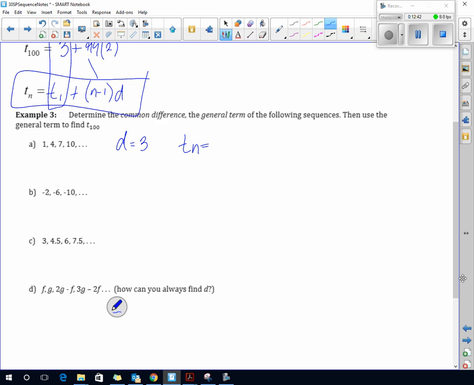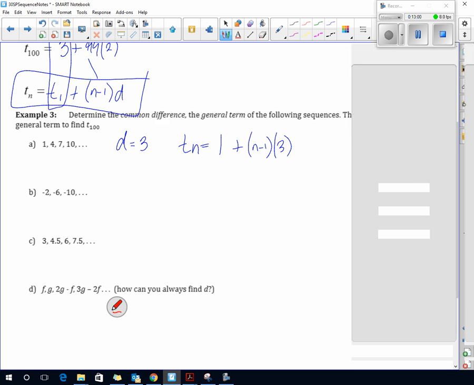Does everybody see that? And what's my common difference? 3. Okay, just for the people that I lost at this point, I'm showing you what I'm doing here. This is the general term. Tn equals term 1 plus (n minus 1) times d.